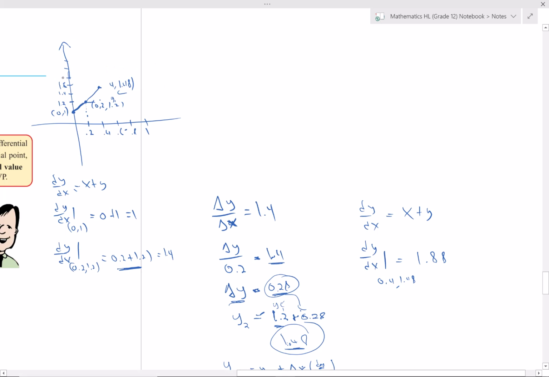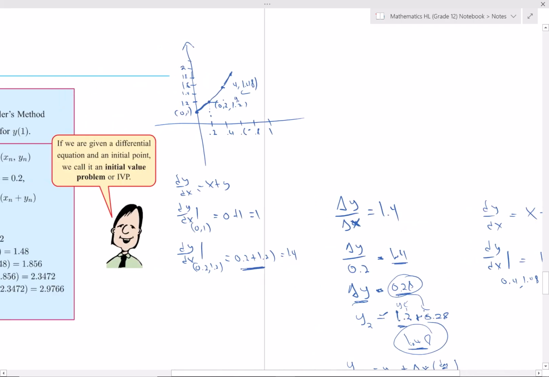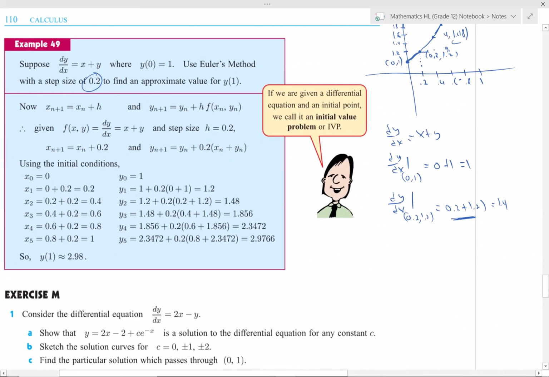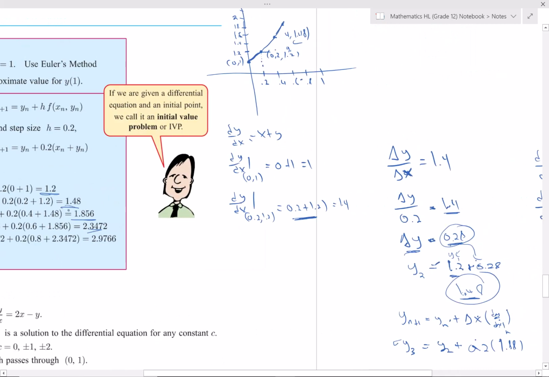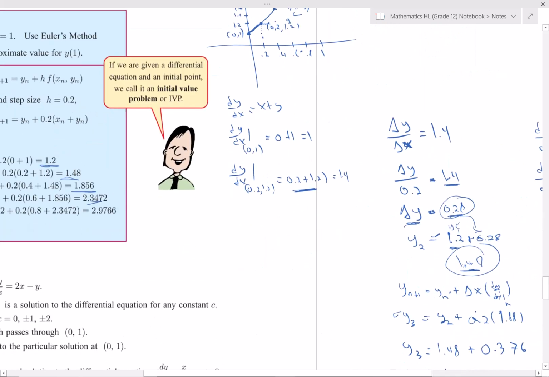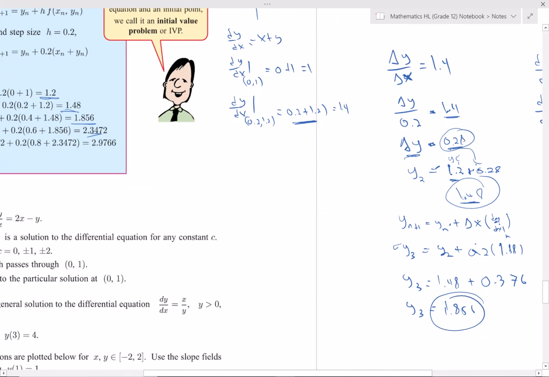Next one should be at 1.88, which is a little bit up here, right? And you have the next piece, and you would continue doing this until you got as far as you want to go. And you can see we were getting those new y values fairly accurately up there. You know, we had 1.2, 1.48, 1.856, which is this one, and if you continued, you ended up there, right?